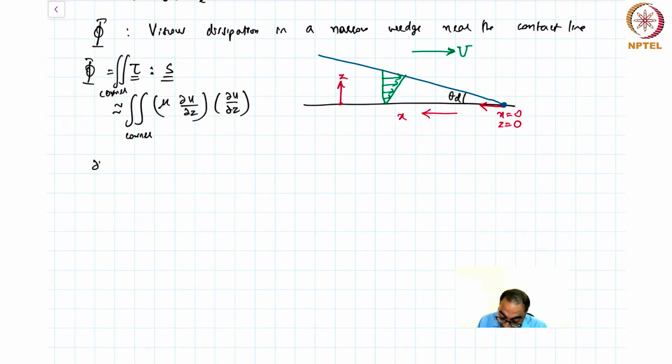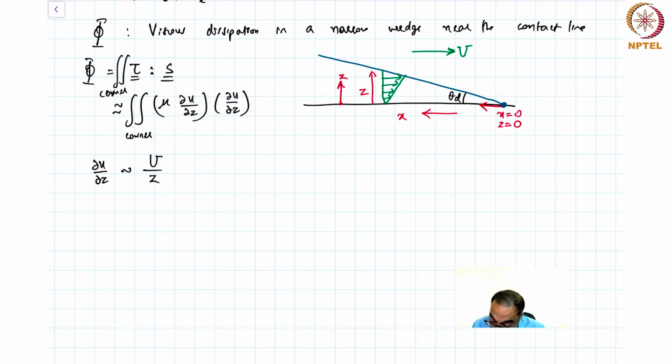Now we'll make an estimate for del u by del z. Del u by del z would simply be u over z, where this height is approximately z at any given location, and therefore you can estimate the shear stress like this.